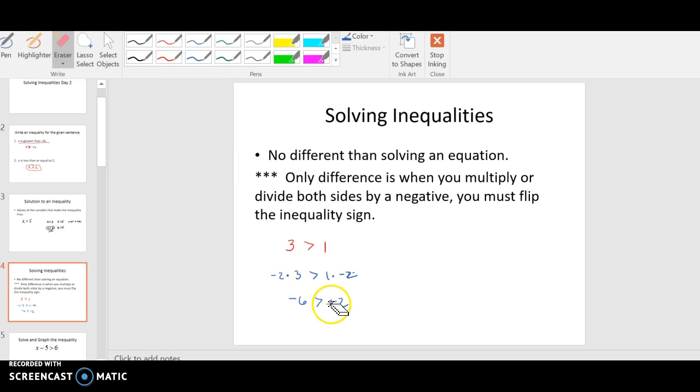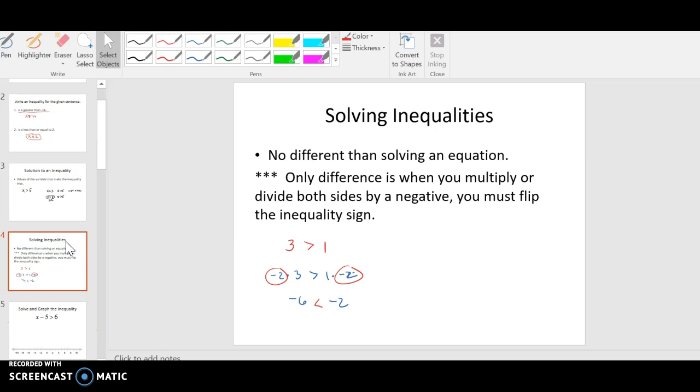Does that remain a true statement? No, it doesn't. To make it a true statement, remember you have negative 6 and negative 2. Negative 2 is bigger. So anytime you multiply both sides by a negative, you have to remember to flip the inequality sign.